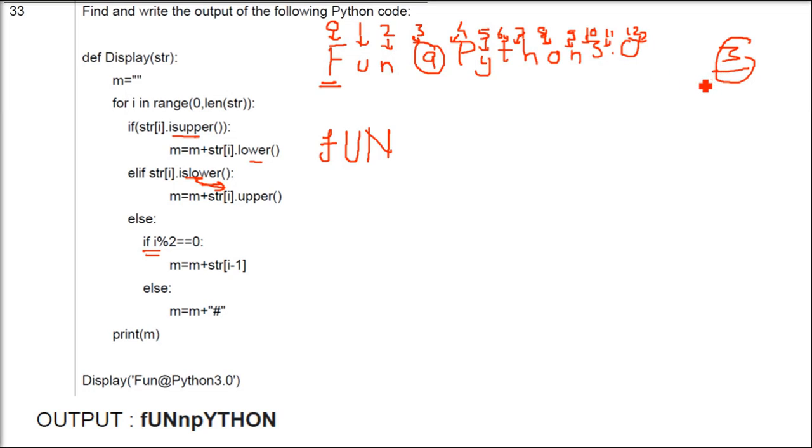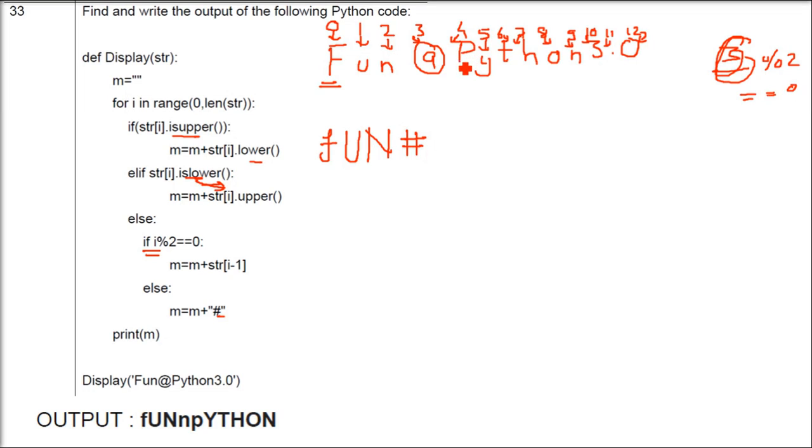In this, 3 modulo 2 is not equal to 0 because it is an odd number. So you will not go to m equal to m plus str[i minus 1]. So you have to go to the hash part. Okay, that is not given in your solution. What I suggest is that the actual solution will give you a hash. So I'll put a hash here because 3 modulo 2 is an odd number.